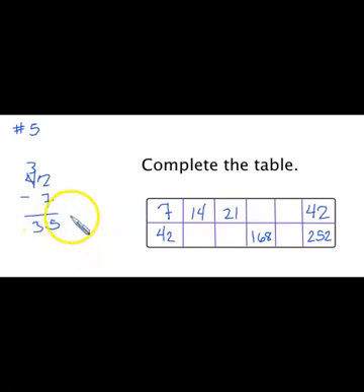Okay, so it could be adding 35. 7 plus 35 being 42. I don't know, though. If I add 35 to 42, am I going to make 252? I don't think so. Nope. It only comes out to 77. So that must not be the right answer.